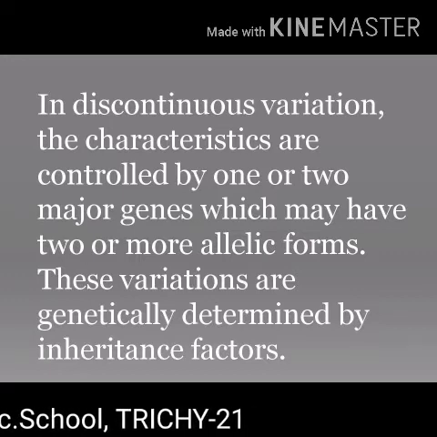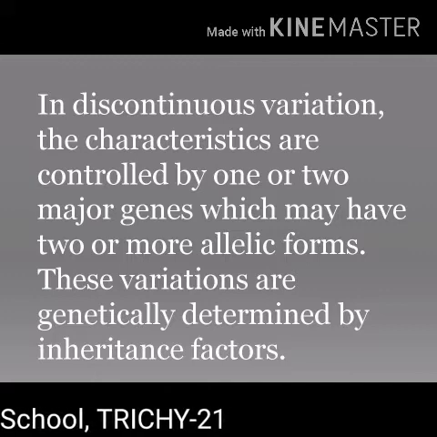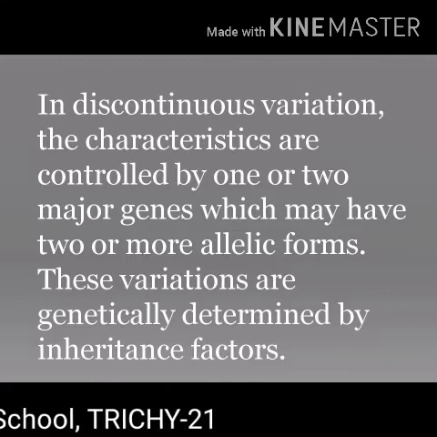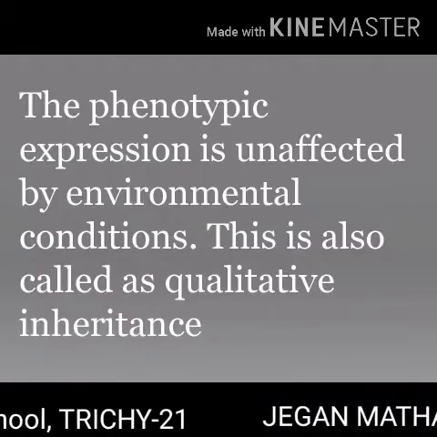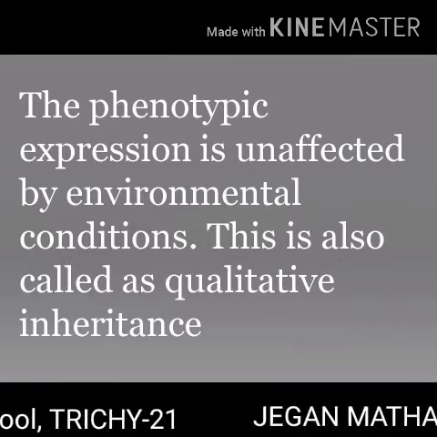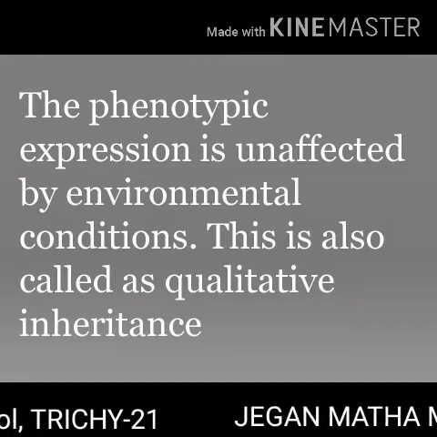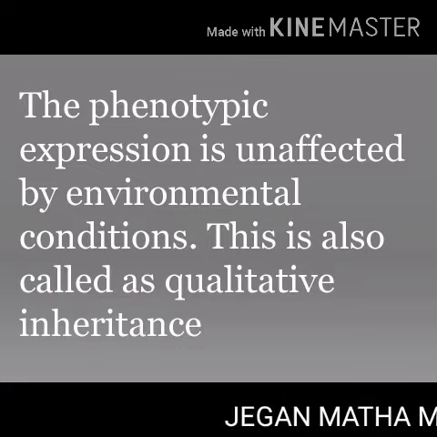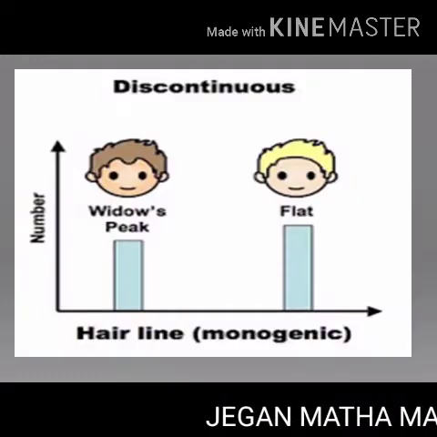These variations are genetically determined by inheritance factor. Inheritance means it is transferred from the parents. The phenotypic expression is unaffected by environmental conditions. This is also called qualitative inheritance.